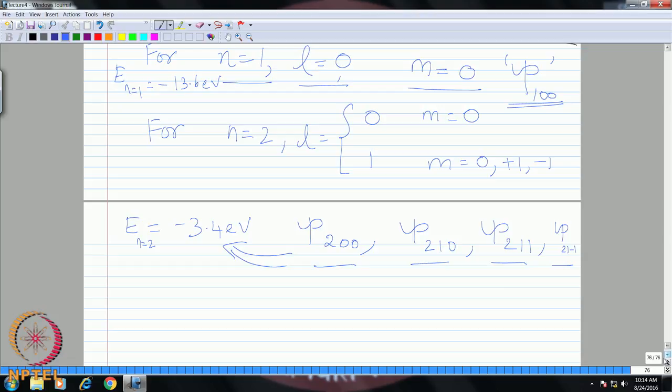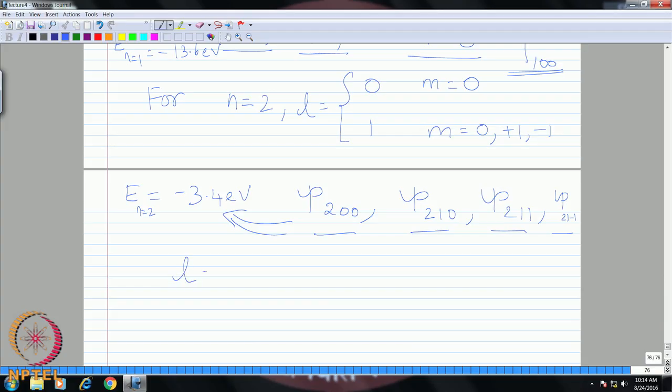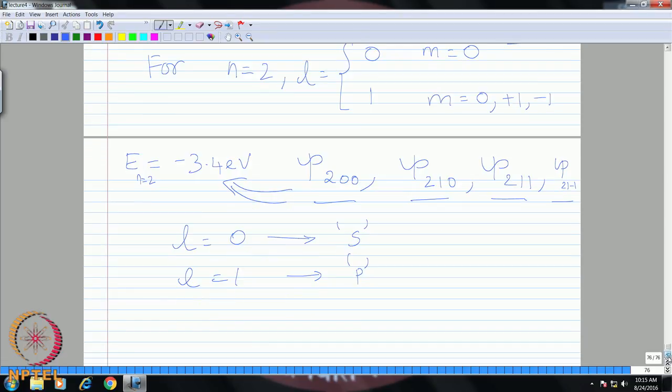So, what I am going to give you is a convention that people use in filling electrons according to the orbitals. I will just give you the quantum number and the corresponding convention people use to denote it as an orbital. If L equal to 0, this corresponds to what we call orbital s. L equal to 1 is the orbital p, we have SPDF.